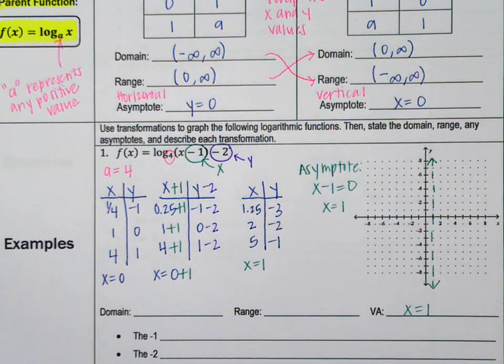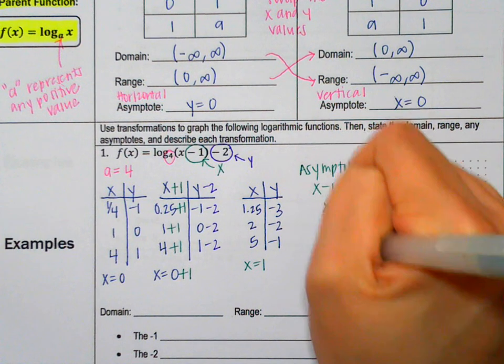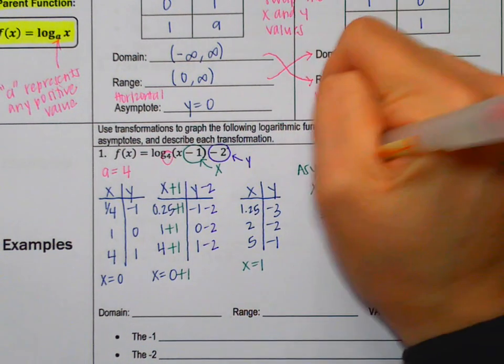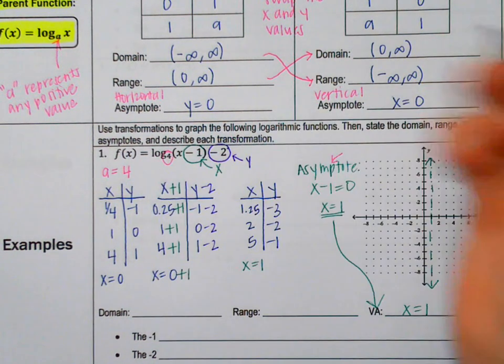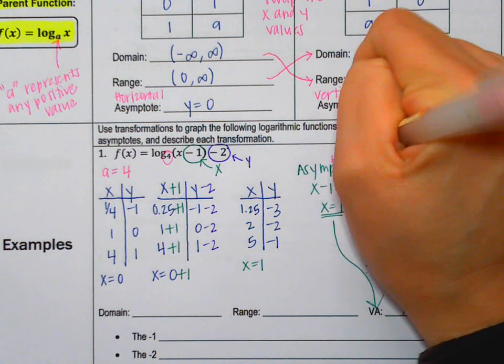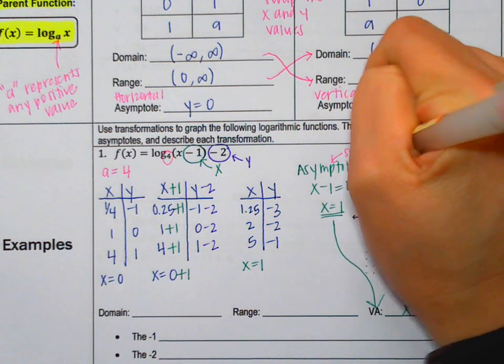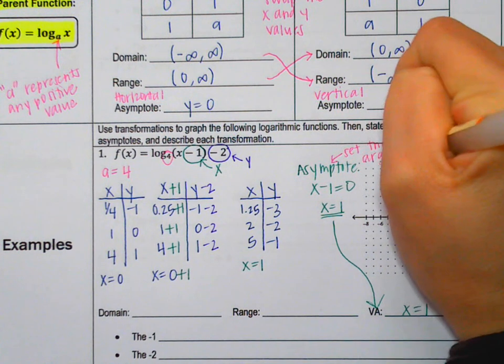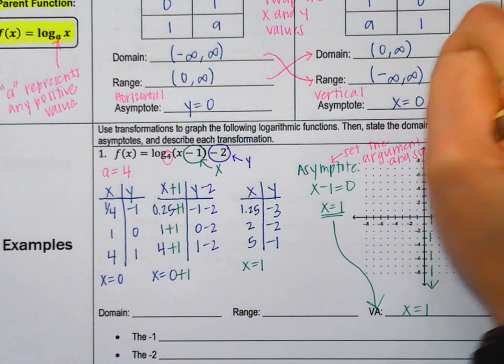And you get x equals 1. Same thing. However you want to do it, you can do it either way. So all that we're doing there to find that without doing any transformations, you set the argument equal to 0 and solve for x.